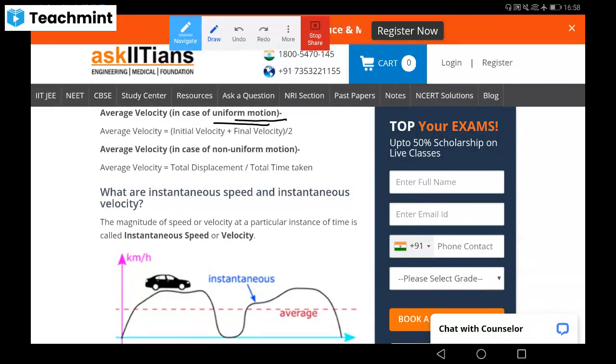In uniform motion, this formula works because the initial velocity will be 0. When you start a vehicle, it was at rest, and from rest it comes to motion. So it is starting from a position of rest, so initial velocity is 0 plus final velocity. It is reaching some velocity later, so both should be added and divided by 2.